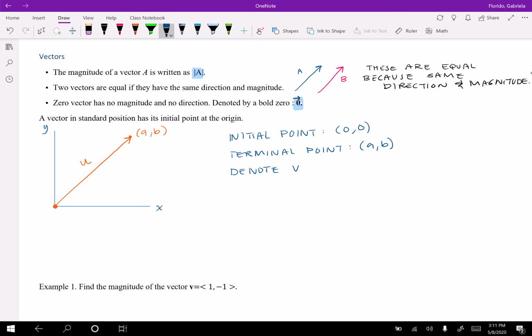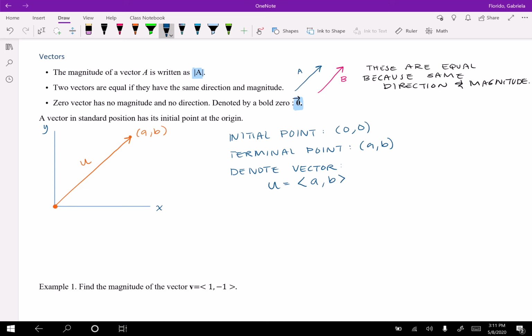We can denote the vector as u is equal to these little brackets here, A comma B, these little bracket looking inequality symbols.